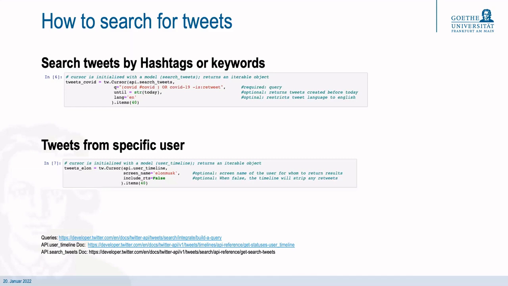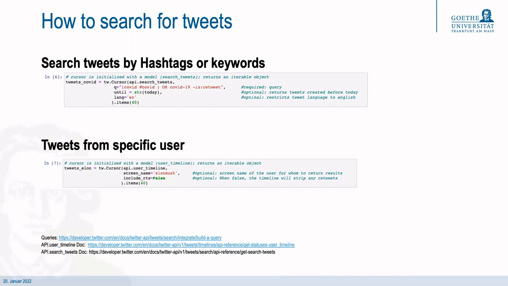We can also retrieve tweets from a specific user. For example, we can use API.user_timeline. This returns the 20 most recent statuses posted from the authenticating user. But we can also set the screen name equal to some other account, for example Elon Musk, and then we will receive the 20 most recent statuses posted by Elon Musk.